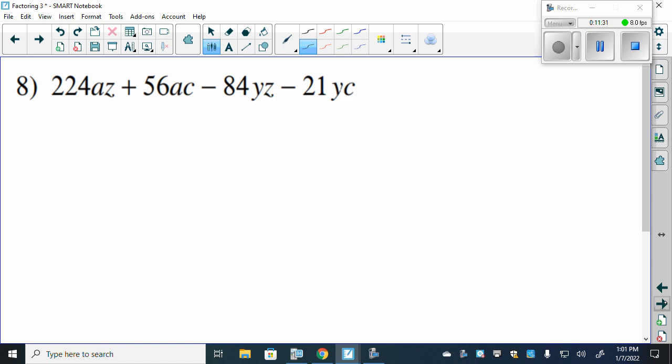So here we want to find the greatest common factor between the two terms. Now we don't necessarily have to stick with these two and these two. We could arrange it in any order, but sometimes it's just easier to pick the first two and last two and find the greatest common factor between them.